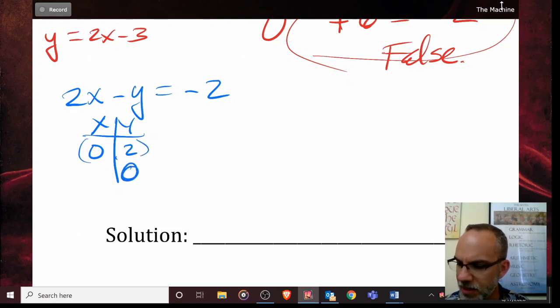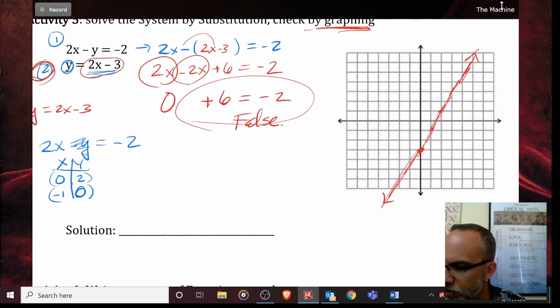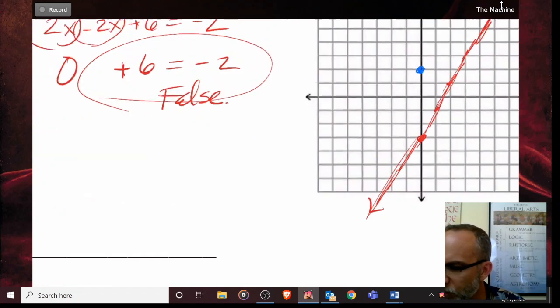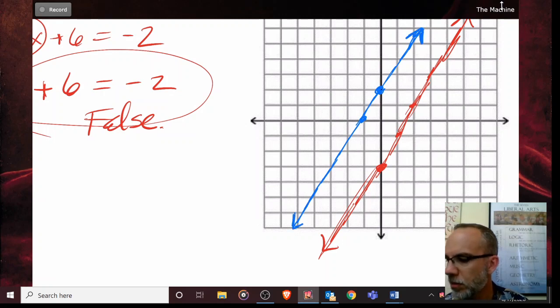And then when y is 0, it kills this whole thing, and I get 2x is equal to negative 2, divided by 2, that would be negative 1. So here's my two intercepts, if you remember how to do that. 0 and 2, which would be right there, and then negative 1 and 0, which would be right here. And so I get this line right there. And draw it neatly. Obviously, if you're on paper, you can use a straight edge. Straight edges don't work on an iPad all that well.